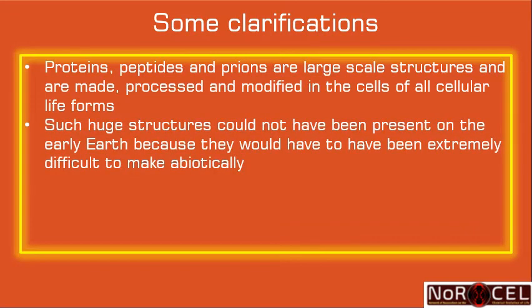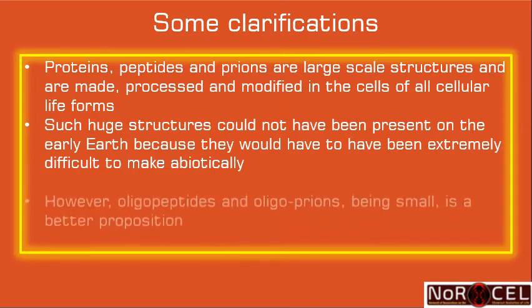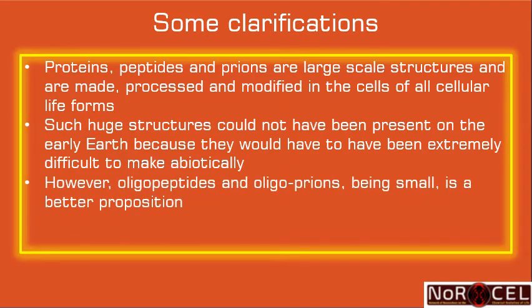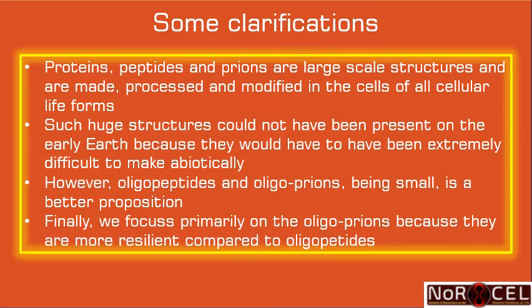So such huge structures could not have been present on the early Earth, because they would have been extremely difficult to make abiotically. However, oligopeptides and oligoprions, being small, are a better proposition. Finally, we focus primarily on the oligoprions because they are more resilient compared to oligopeptides.